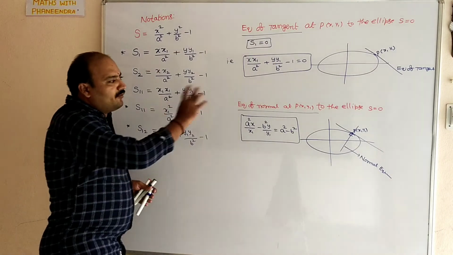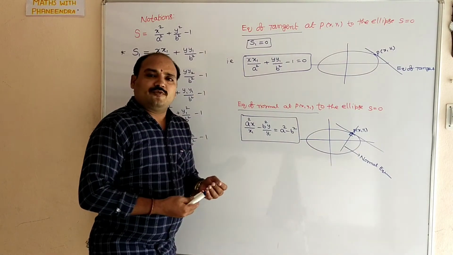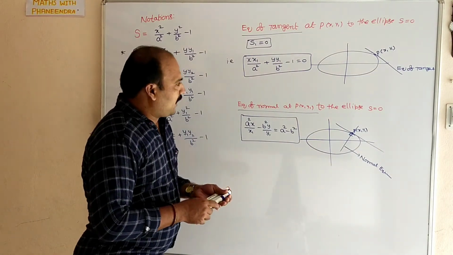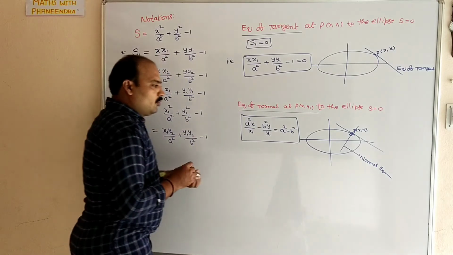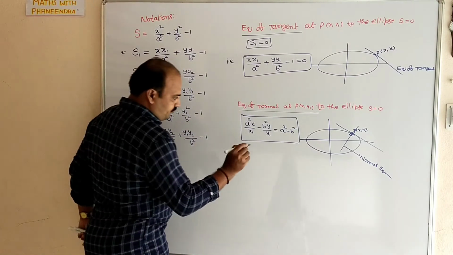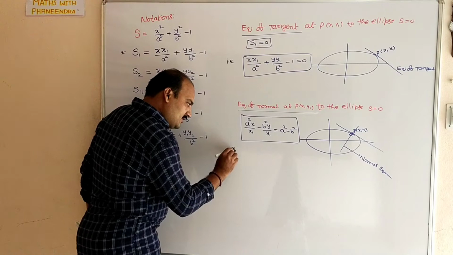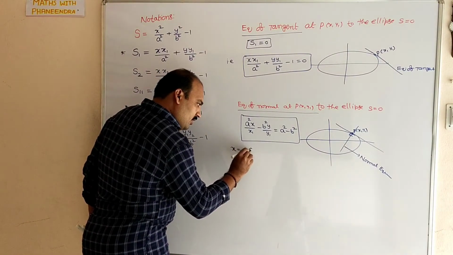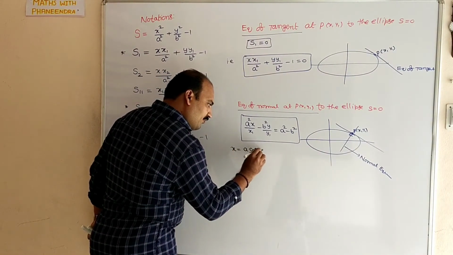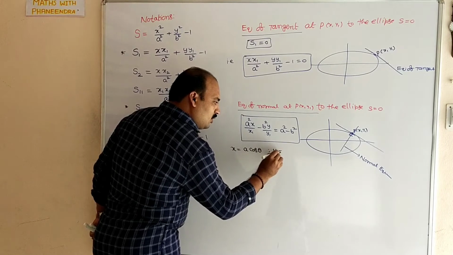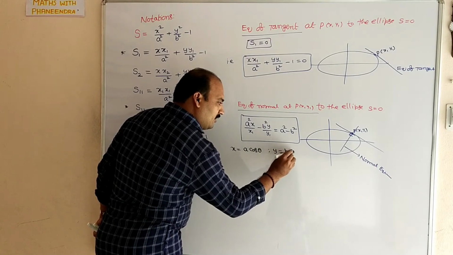After knowing the equation of normal and tangent, one important point is there. x equal to a cos theta and y equal to b sin theta.